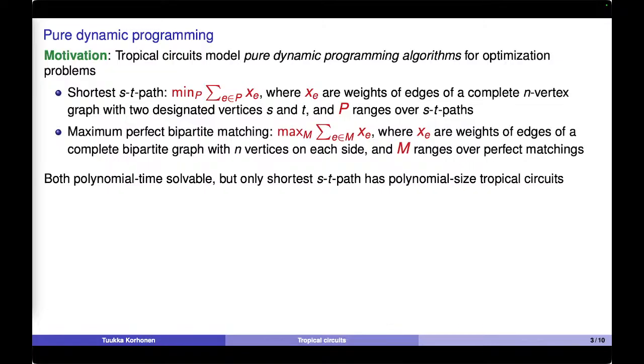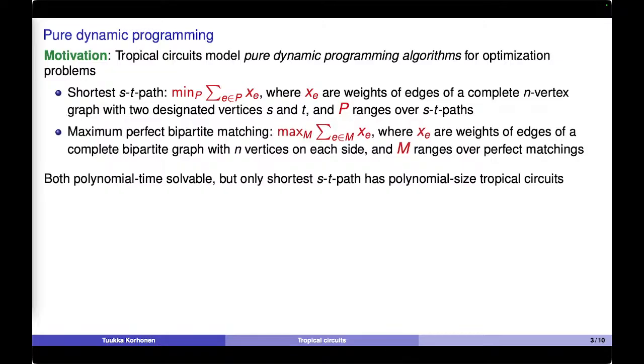So you can think of it like this: we cannot solve the maximum perfect matching via a pure dynamic programming algorithm, while we can solve shortest s-t path via a pure dynamic programming algorithm in some sense. And my definition of what a pure dynamic programming algorithm is, is a tropical circuit.